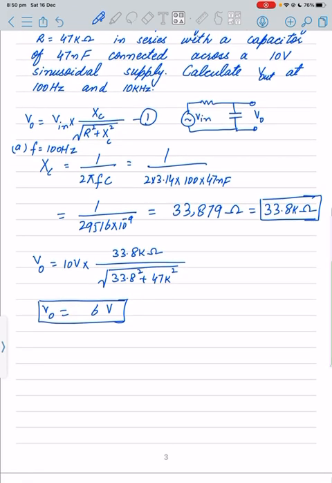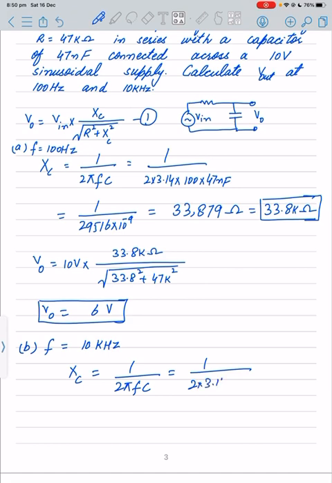Then the second part is that we have to calculate the output voltage at 10 kilohertz. So again, first you calculate the reactance of the capacitor: 1 divided by 2 into 3.14 into 10 kilohertz, and then the C value is 47 nanofarad.